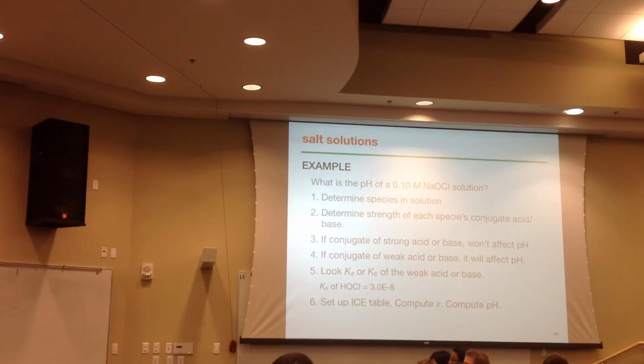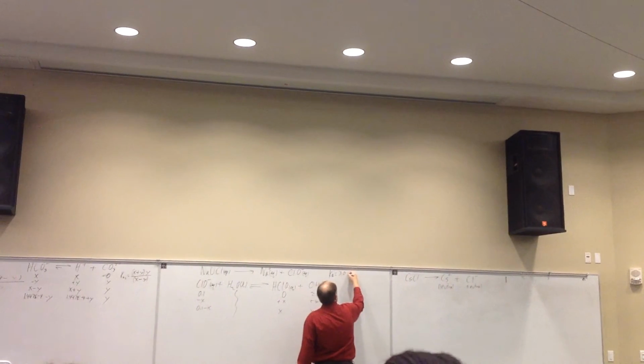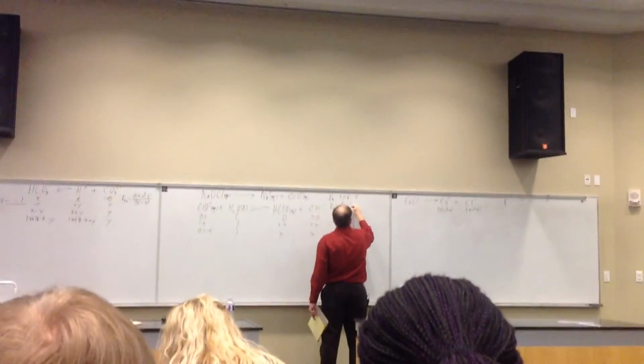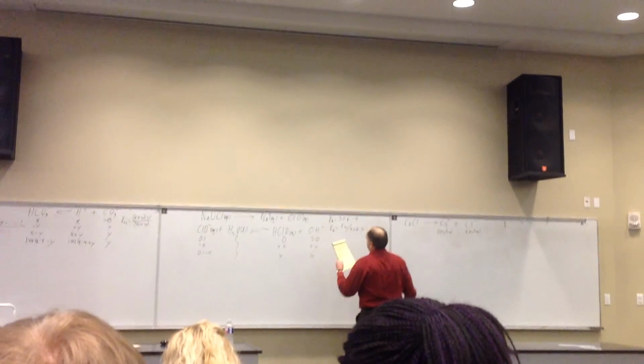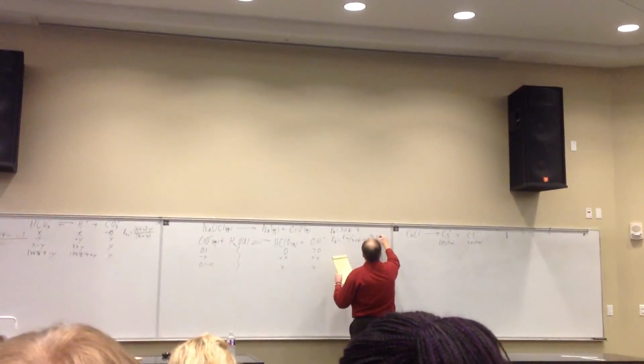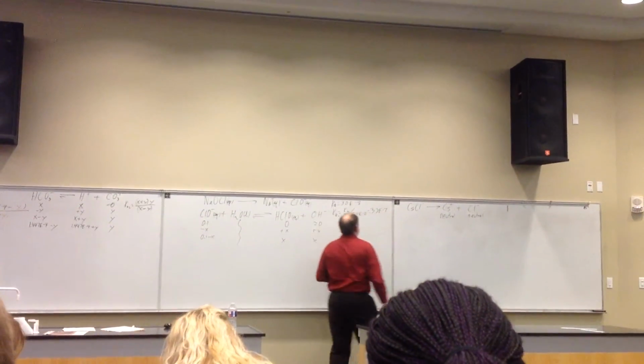So the Ka for my acid is 3.0 times 10 to the minus 8. This is a Kb. Kb is going to be Kw divided by 3.0 times 10 to the minus 8. Kb is going to be 3.3 times 10 to the minus 7.